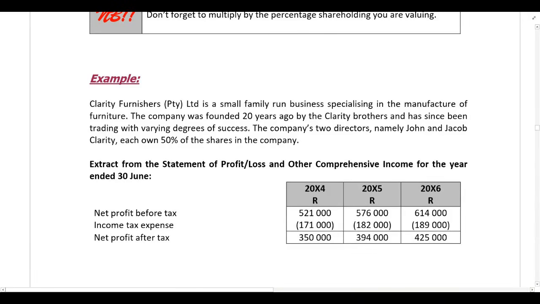And as we work through this example, I will show you how to perform the calculation under each of those steps. So in this example, we have information on Clarity Furnishers Pty Limited. So once again, we are dealing with a private, unlisted company.